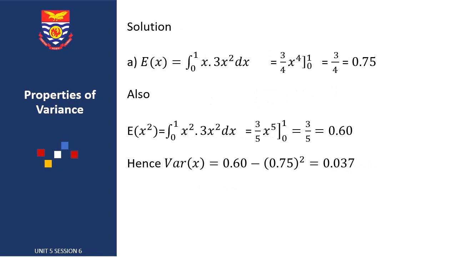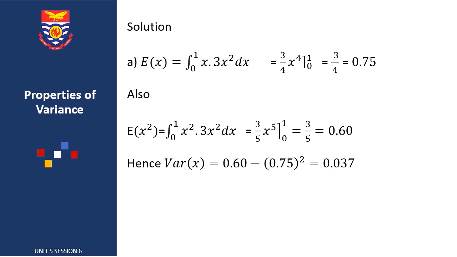Solution. For the variance of X, first of all we need to find the expectation of X. That's integrating the function multiplied by x over the interval 0 to 1, and doing everything diligently will give us 3 over 4. Of course, you can cross-check with the previous sessions, I think session 4. That gives us 3 over 4, or better still, 0.75.